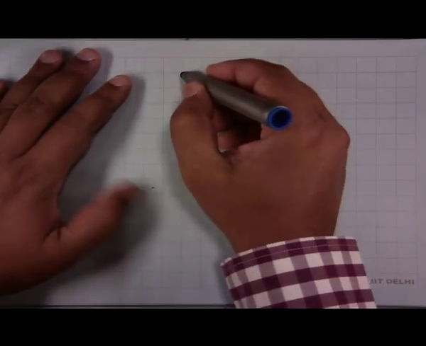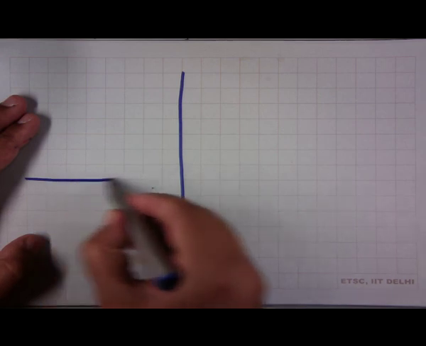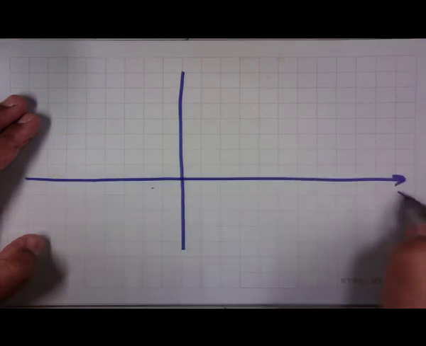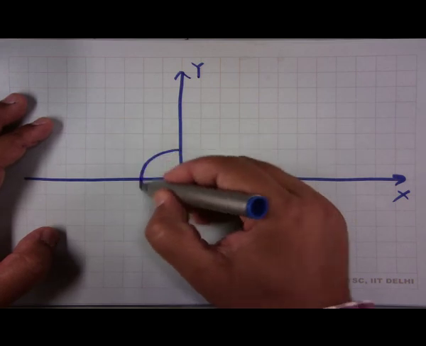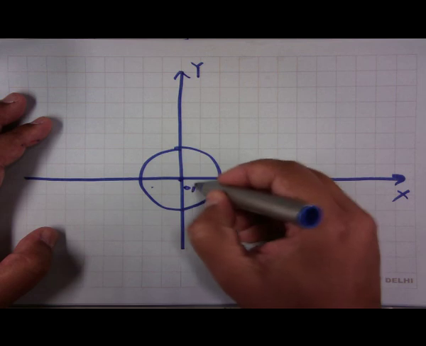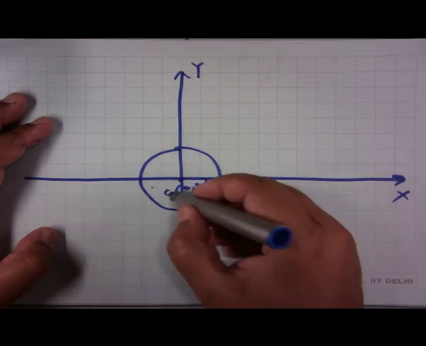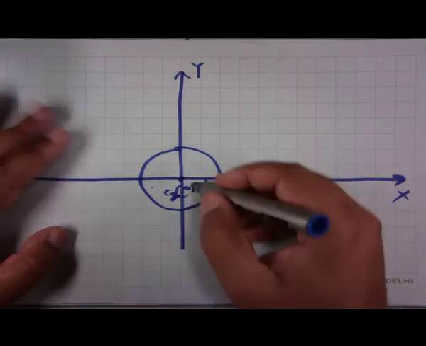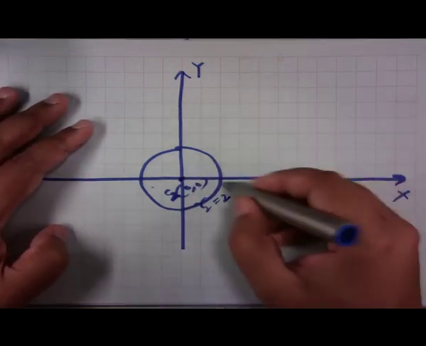So, let us draw this and try to find the equation of the direct common tangent. This is the coordinate axis, this is the first circle, this is the circle with center C2 and radius R2 equal to 2.